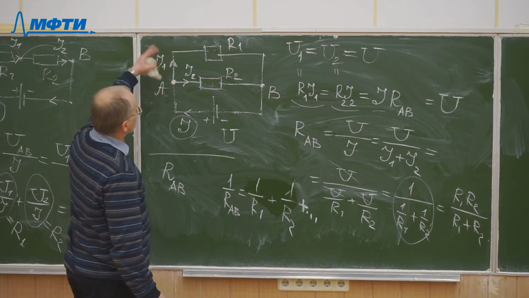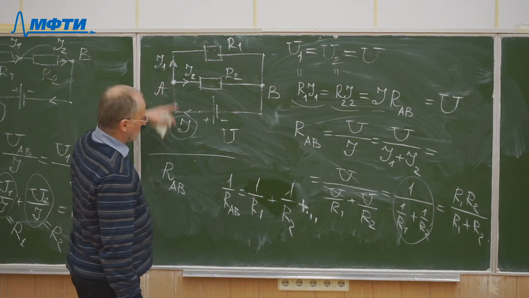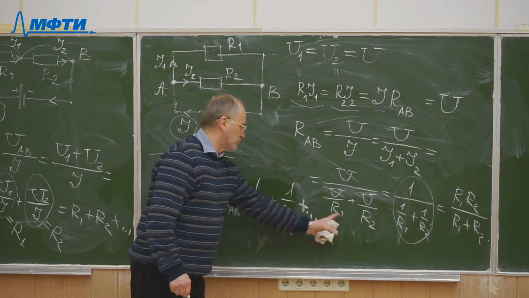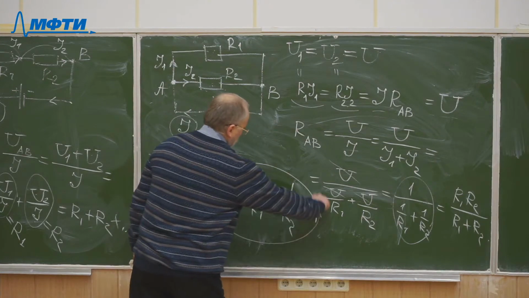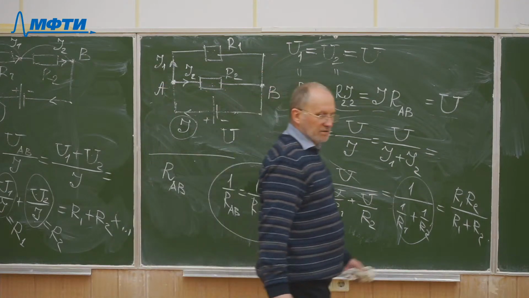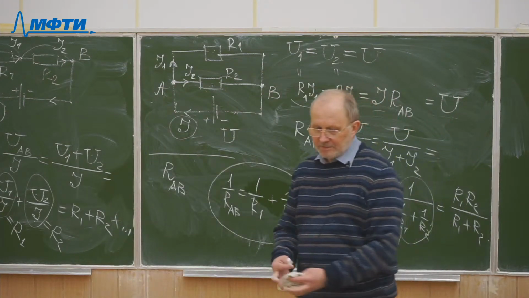If more than 2 resistors are in parallel connection, then you will have similar terms in this formula to calculate the total resistance in parallel connection.